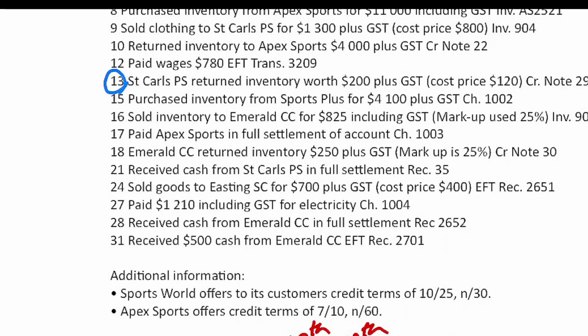If the sales return increases excessively, then the owner will have to make a decision. Probably something is wrong with the quality of the product, then that product should be discontinued. So that's why we don't simply reverse the sales. Instead we use the sales returns account.